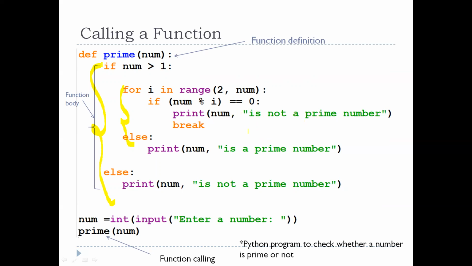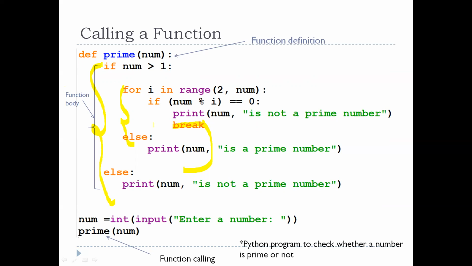After that we come out of this loop, because obviously we don't need to check further, since we found that this number is not a prime number. The break statement makes the control move out of this loop.